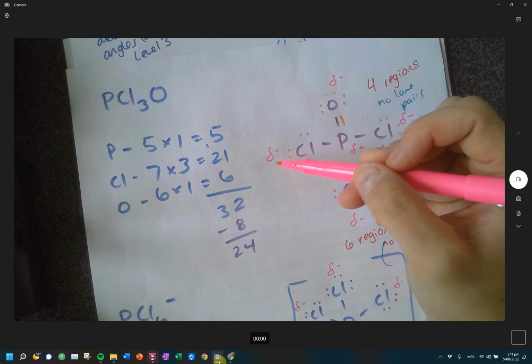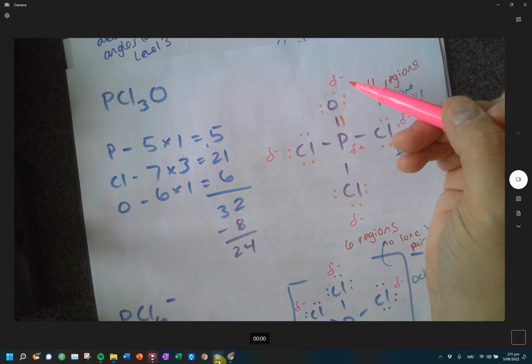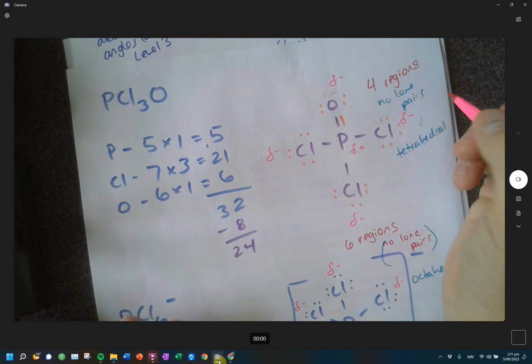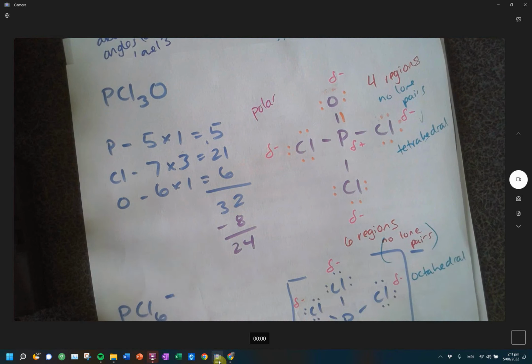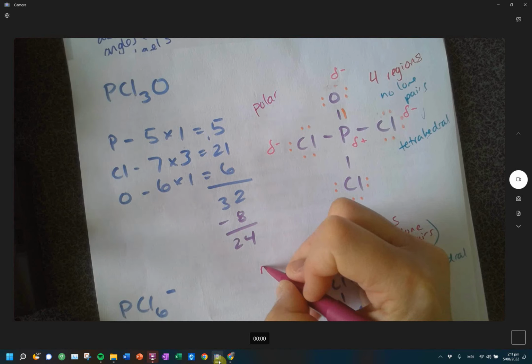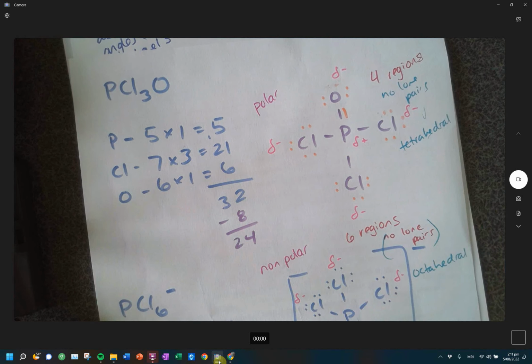So this could be more negatively charged and this a slightly less negative charge. And so this molecule here, I would bet, would be polar because there isn't that symmetry. That one down here, nonpolar. And I have another website I can show you guys that tinkers with that polarity.